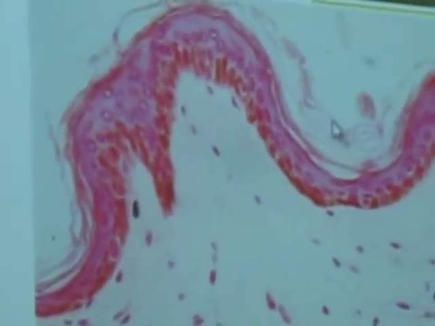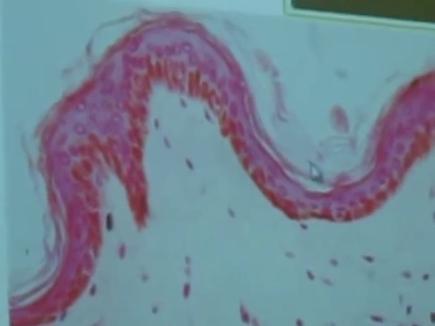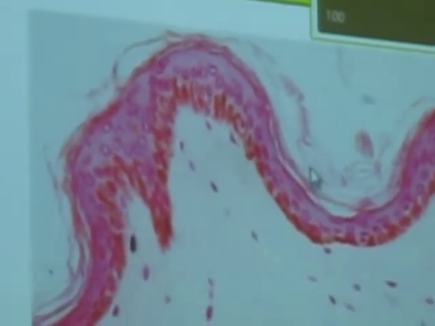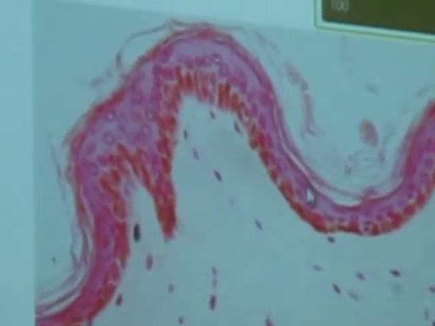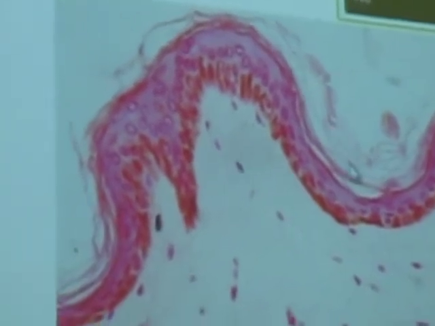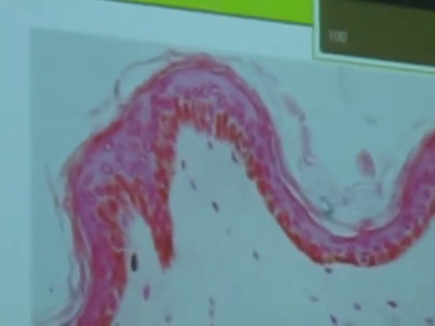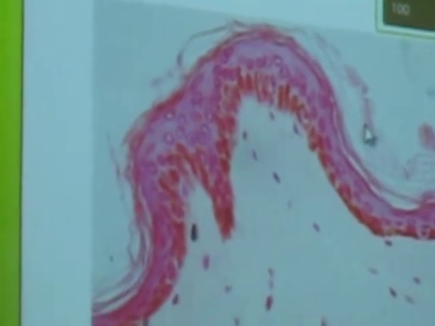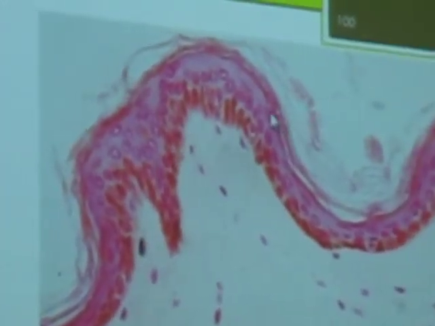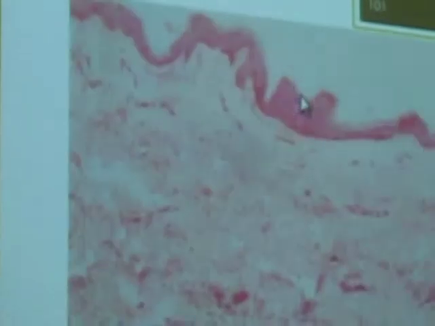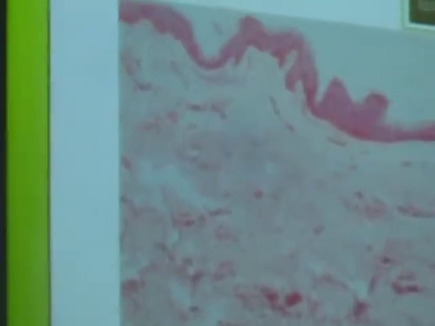These are keratinocytes that do not possess any more nuclei. These flakes of cells here. So, stratified squamous keratinized. Still, that's the skin.